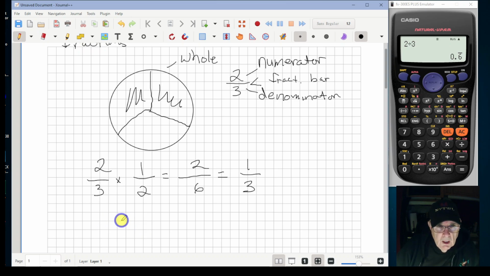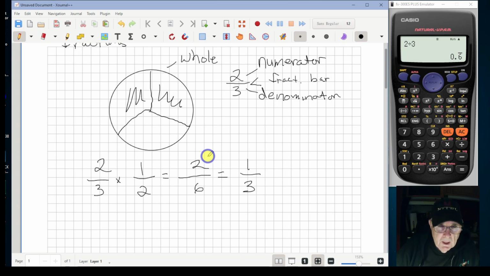I want you to take a look at the 2 things that we multiplied together. When you're multiplying and dividing, those things that you multiply and divide are called factors. So 2/3 and 1/2 are factors. And look at the answer. This is one of the things I think is a little counterintuitive. When we multiply stuff, we expect the answer to get bigger.